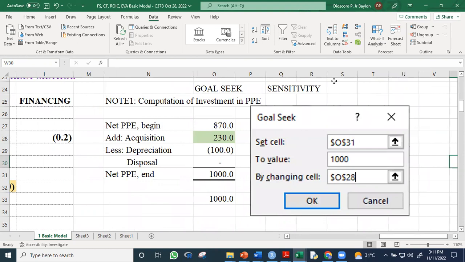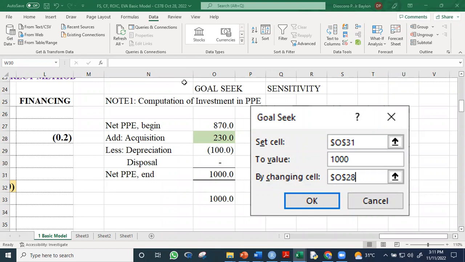Kindly chat, please, if you were able to compute 230 using goal seek. Okay, good. Thank you. Let's wait for the others. Goal seek works really well especially in complicated, complex problems.